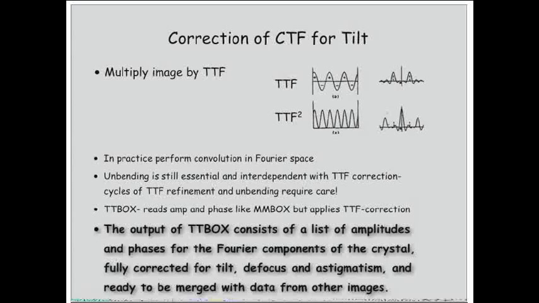There's a program called TT-Box, which is analogous to MM-Box, which I hope you've already encountered. It outputs a set of amplitudes, phases, and so on, but corrected for this tilt transfer function. So you've got a list of amplitudes and phases for the Fourier components, but corrected for the tilt, defocus, and astigmatism.